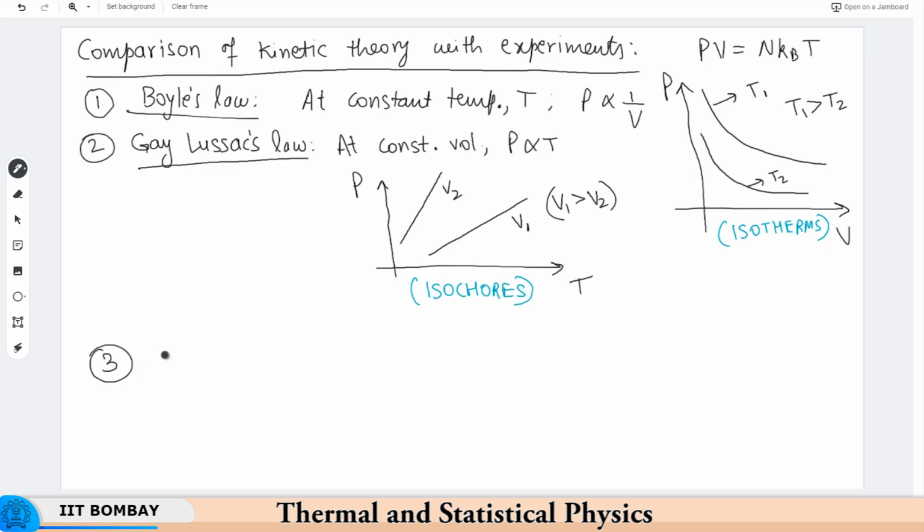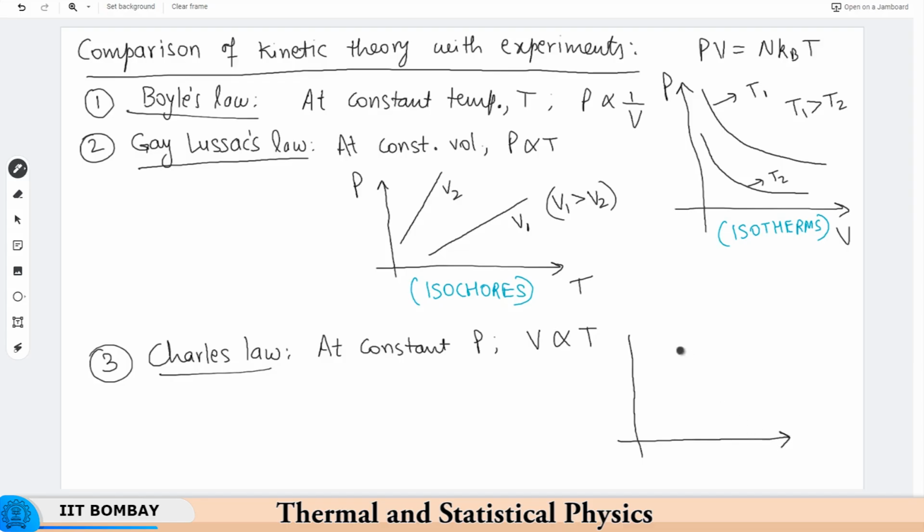The third observation was known as Charles' law. Here they performed experiments at constant pressure, and the volume of the gas was proportional to the temperature. I can plot it here, with volume on the y axis and temperature on the x axis, and since they are linearly proportional, we again get linear curves.